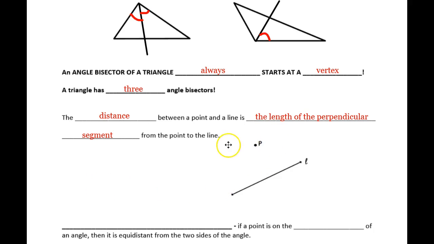So if I have point P and I want to find the distance between P and line L, the shortest distance is going to be the length of the segment that is perpendicular. So this right here would be considered my distance. That's the distance from point P to line L.